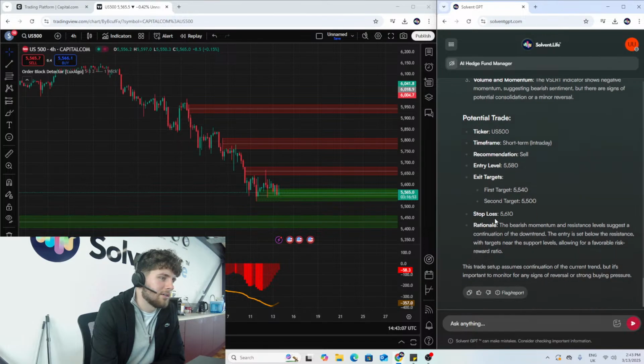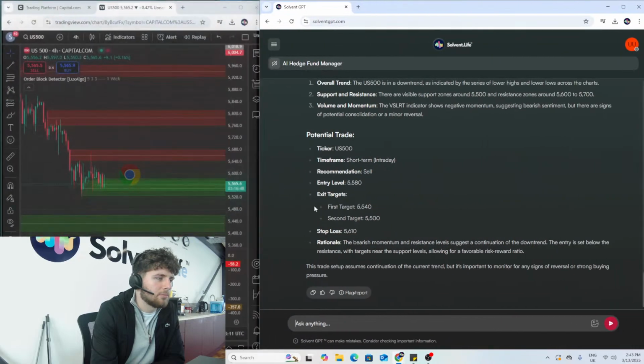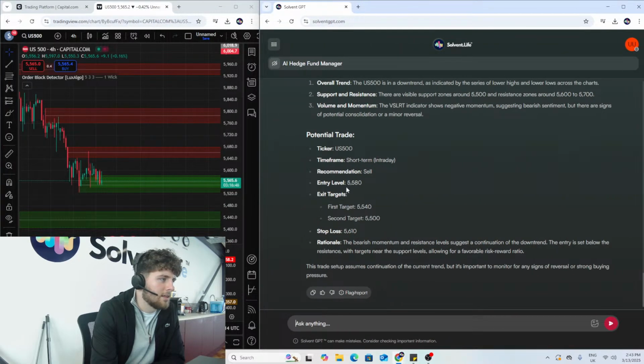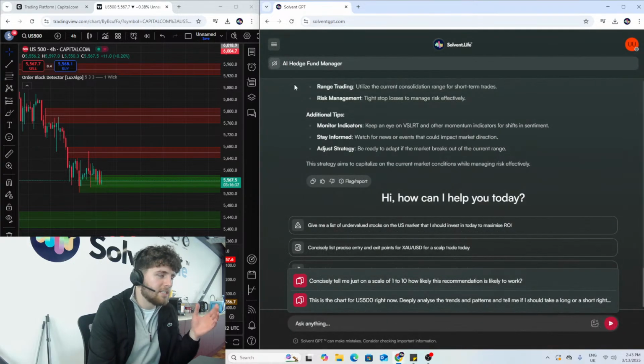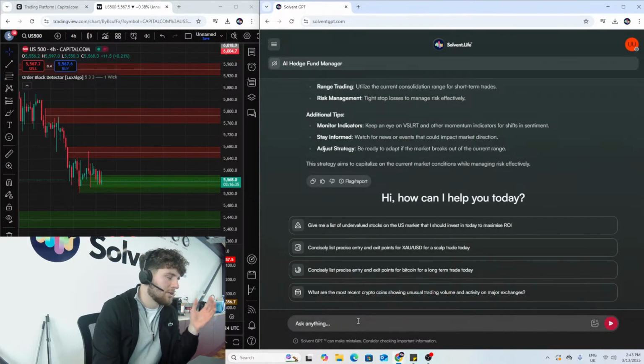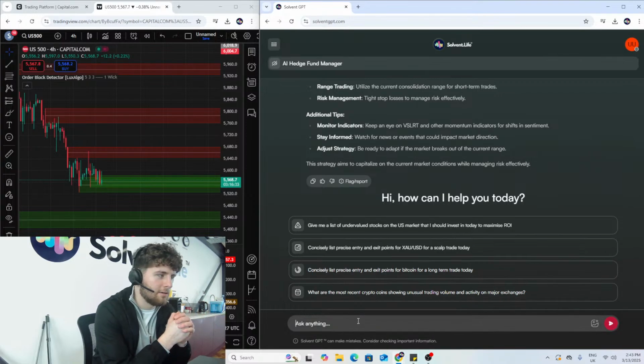Exit targets here. Okay, so we'll monitor the chart and see whether the price returns to around this 5,580 mark, maybe that 5,600, and then we'll be able to take a trade. The GPT is very assertive that the price will reach this price, and therefore we can enter.